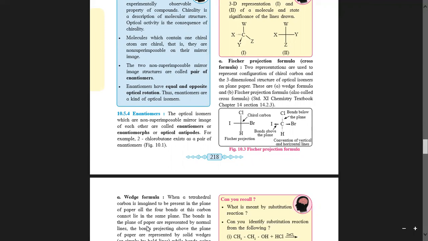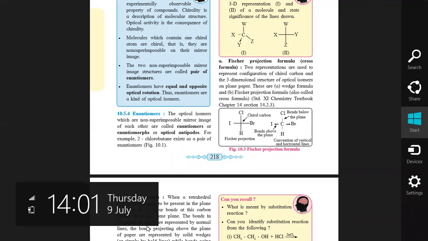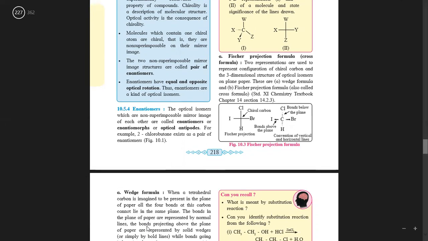In the wedge formula, just this bond line formula, these vertical and horizontal lines are crossing at the chiral carbon. In the Fischer formula, the groups present at vertical position are below the plane, and the groups present at horizontal position are above the plane. In this way, the Fischer projection formula can be drawn.